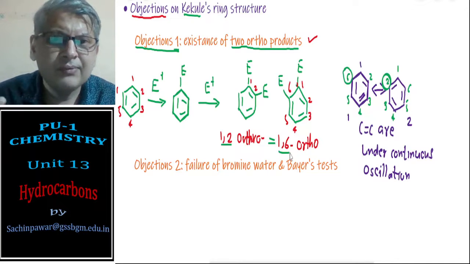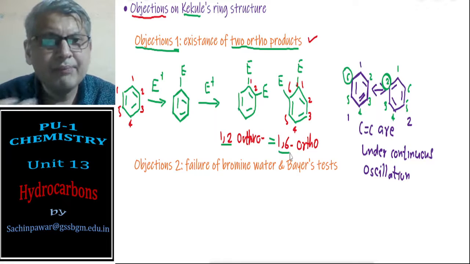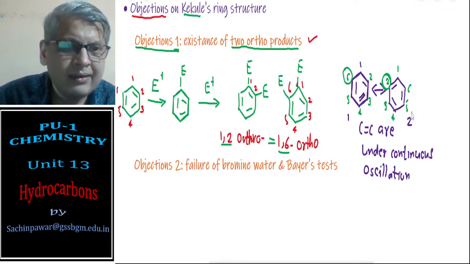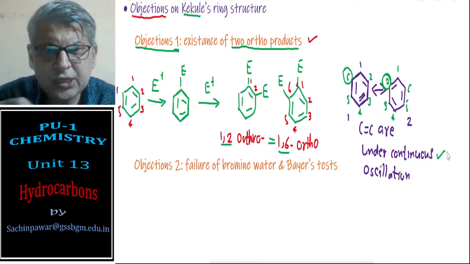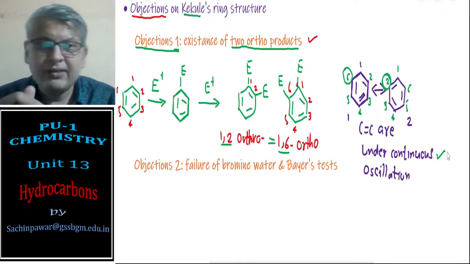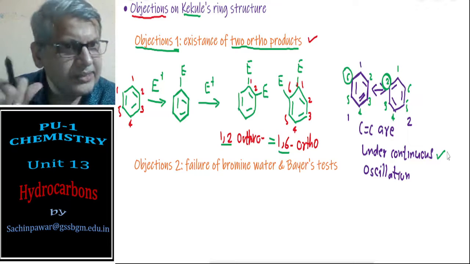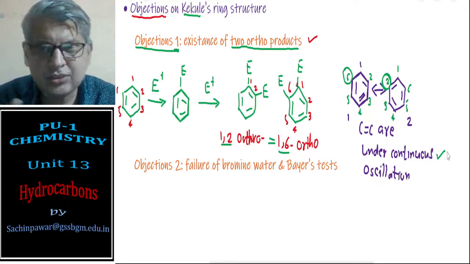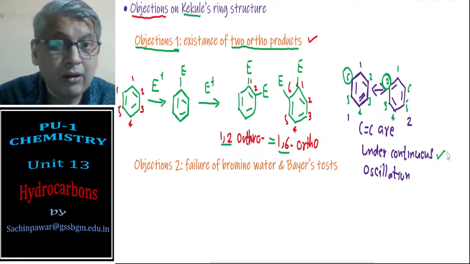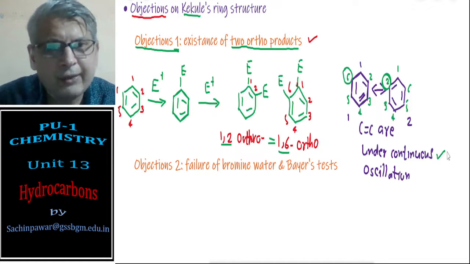The problem is only with numbering, and that can be solved by considering that the double bonds are in continuous oscillation, continuously changing their positions, and when the double bonds change their positions, the numbering pattern changes, and the 1,2 position becomes the 1,6 position. This is objection number 1, and objection number 1 is overcome by Kekulé.